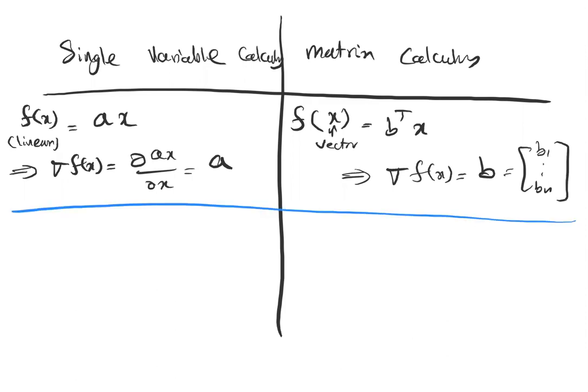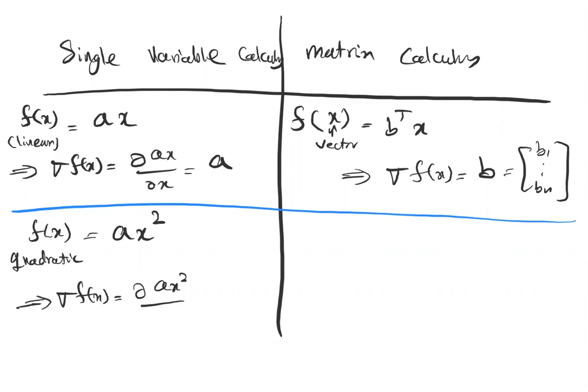And I want to do the same comparison for the quadratic form. f of x quadratic is equal to ax to power 2, then gradient of f of x is derivative of ax squared with respect to x, which is 2ax.